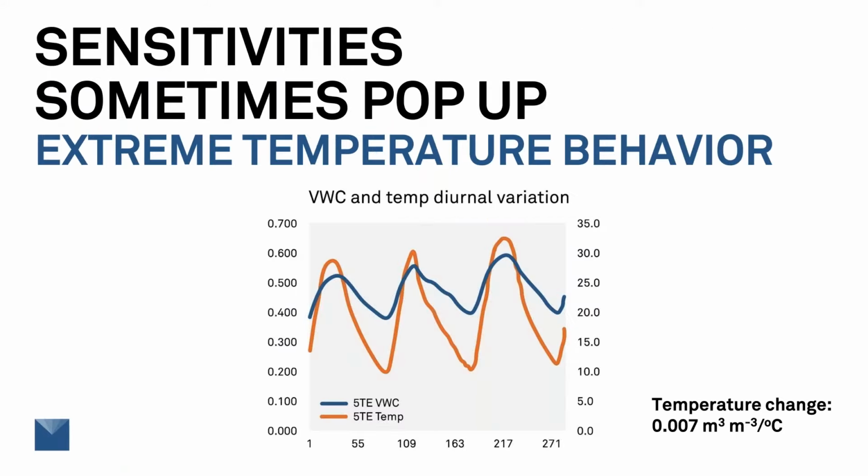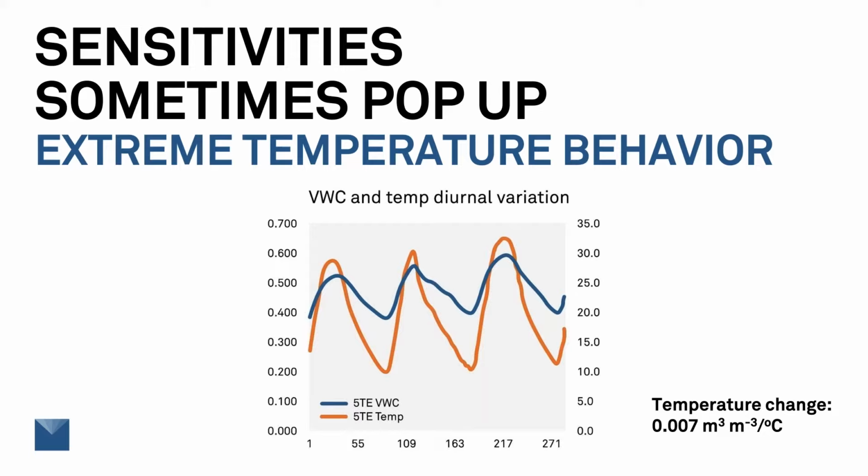Here's another thing that we got from a customer. They said, hey, what's going on here? We can see the temperature going up and down. That's in orange. And then we got our water content that looks a lot like temperature in blue. If you take a little peak-to-peak calculation there, if you divide the water content changes by the temperature changes, it comes out to almost 1% water content per degree C. And I can tell you, we're going to look at some of these data and how temperature actually affects sensors in the field.